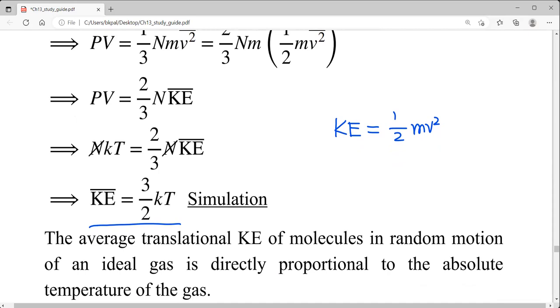Now, let me show this simulation. I'm just going to show how this equation makes sense. Of course, you can go through all the steps and come to this point, kinetic energy equal to 3/2 kT. As I'm not deriving it, let me show in this simulation how the average kinetic energy is related to the temperature.